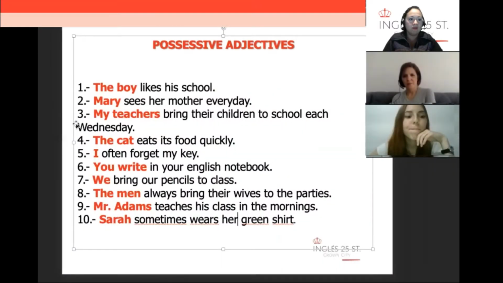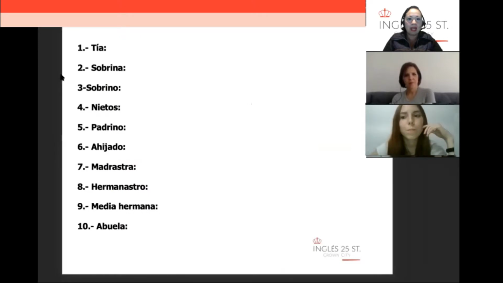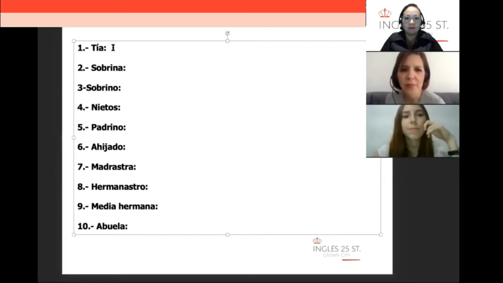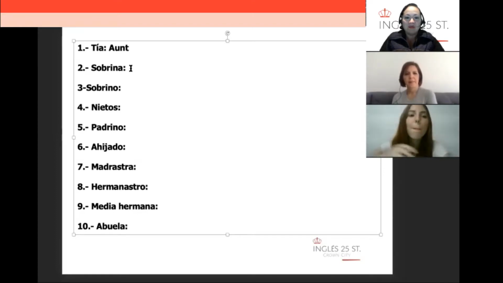So now we are going to see an activity about these words. It will be very simple, and I want you to tell me if you remember these words in English, okay? So, Tania, do you remember how do you say tía in English? Yes, it would be aunt. Very good. Maria, sobrina.